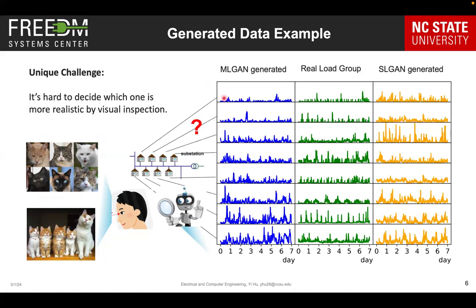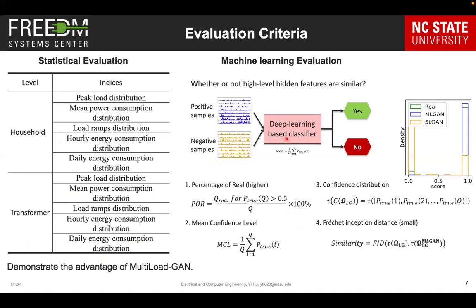But for load sequence data, it's hard. Even highly experienced experts in the power system domain cannot distinguish which one is generated and which one is real in a short time. So this is the main challenge here. We need to design some evaluation criteria.